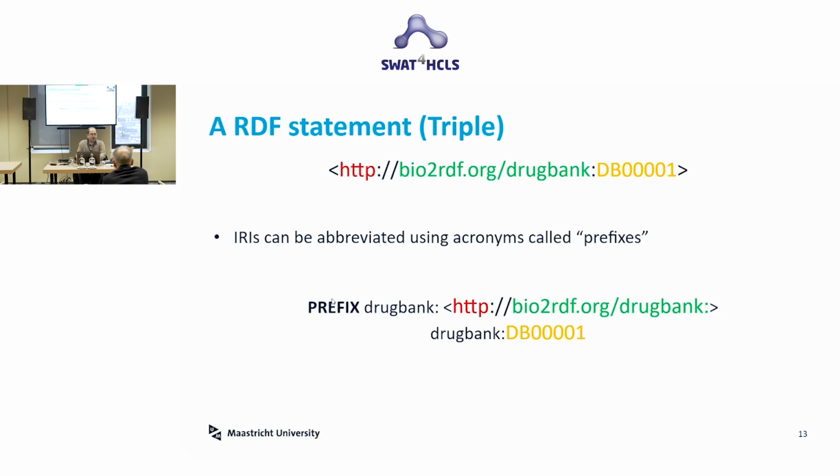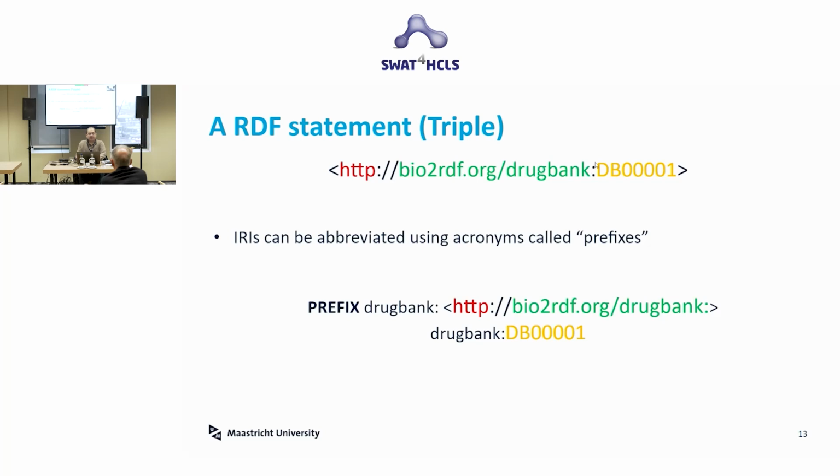We do that by using the word prefix, choosing whatever prefix you want to use, and then putting the static part of the URL or the URI that will stay the same. Here, for example, we have a URI for a drug entity, and this is available on the internet.